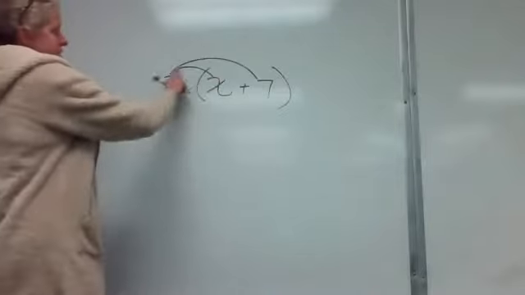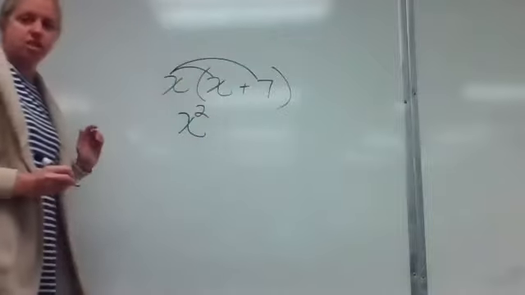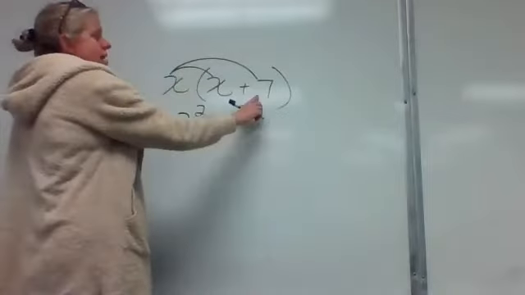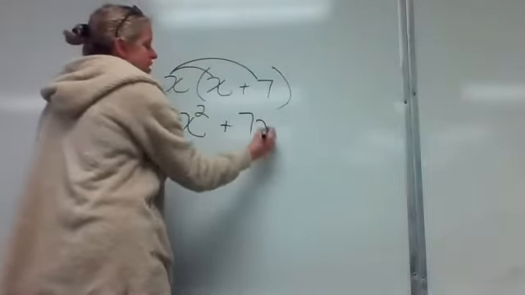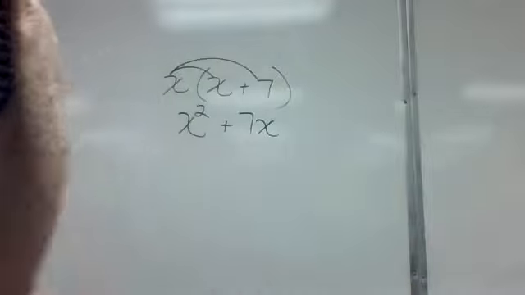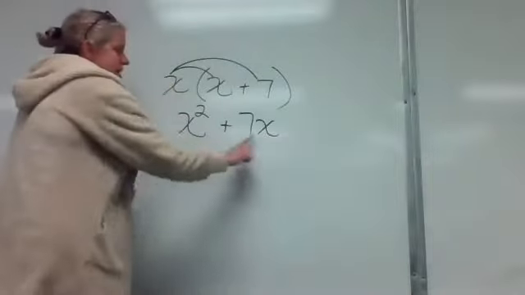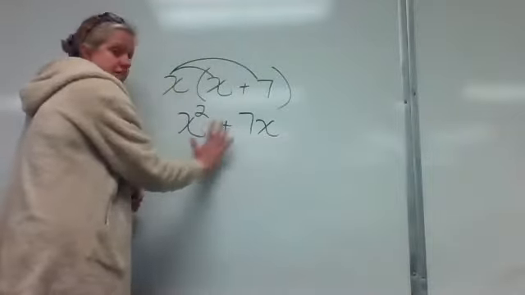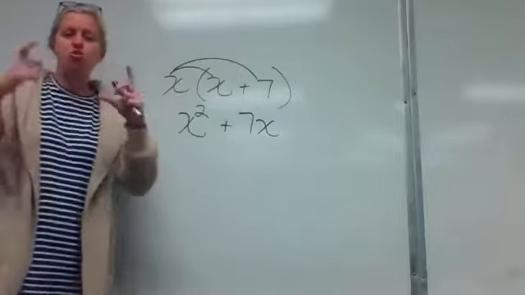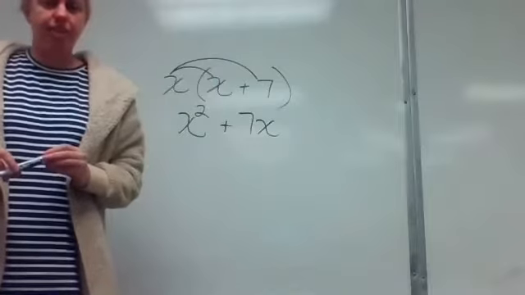If we multiply this, x times x would give me x squared. X times positive 7 would give me positive 7x. What we're going to be doing in this section is we're going to be given this and asked to take it back to the factors before it was multiplied together.